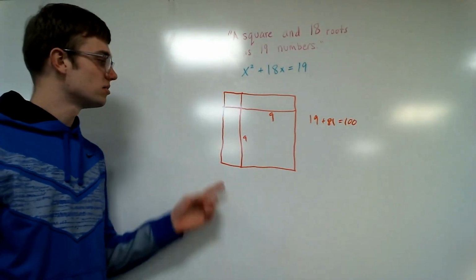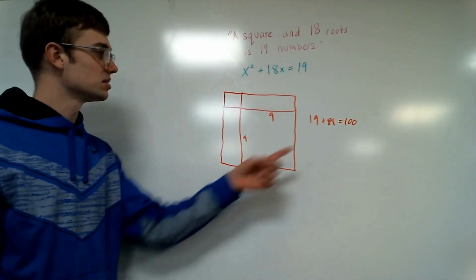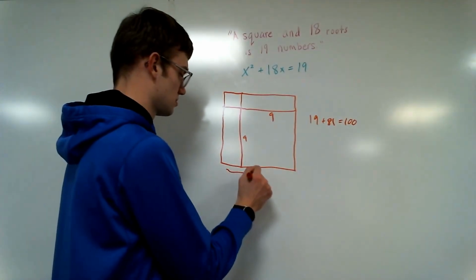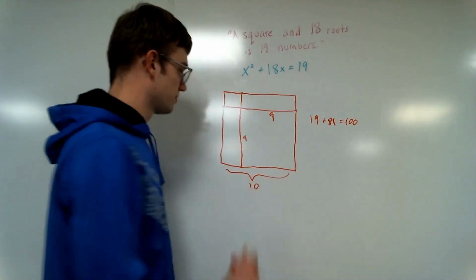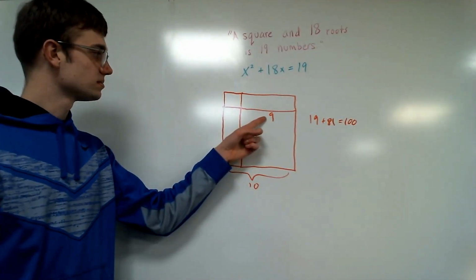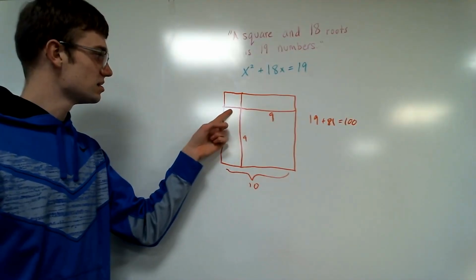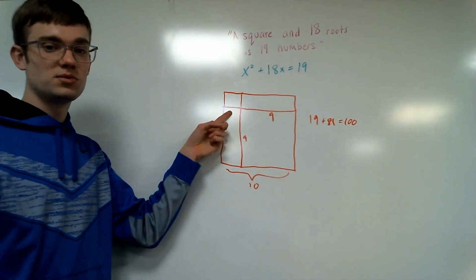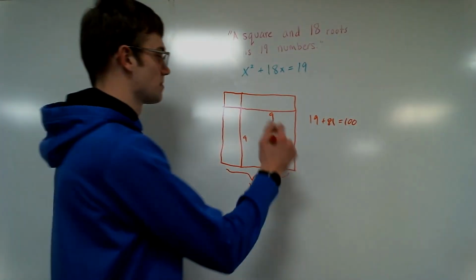Now, if the area of the whole square is 100, we can take the square root of that to find the side length, which would be 10. Lastly, we know that the length here is 9, and the full length is 10, so the missing length must just be 1. So our root is 1.